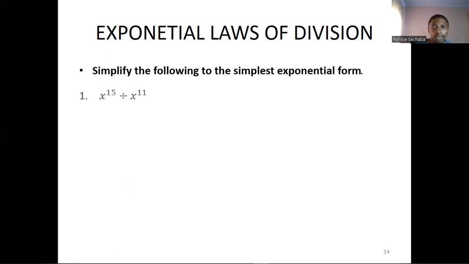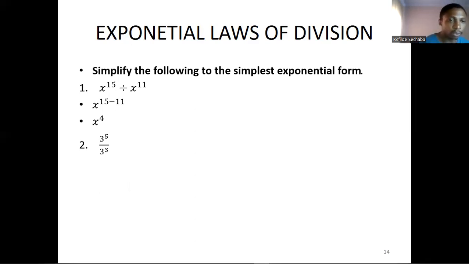This only works when you're dividing the same bases. Remember that. So you will keep the base and take the numerator exponent minus the denominator exponent. What is the numerator exponent? It is 5. So you'll simply say 5 minus 3. You keep the base, which is 3. What is 5 minus 3? So the base 3 will now have an exponent of 2. How did I get that 2? It is just 5, the numerator exponent, minus the denominator exponent, which is 3. You good? And that's why we get 3 squared.